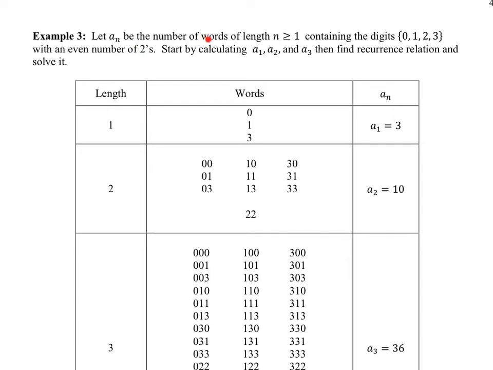I chose to use the word words here instead of numbers because we're going to allow ourselves to count the number 0 and the number 0, 0 as something different. So those will be the words. We'll start by calculating a few examples, trying to understand what's going on, and then we'll find a recurrence relation and solve it.